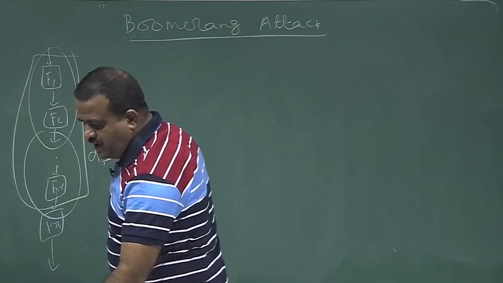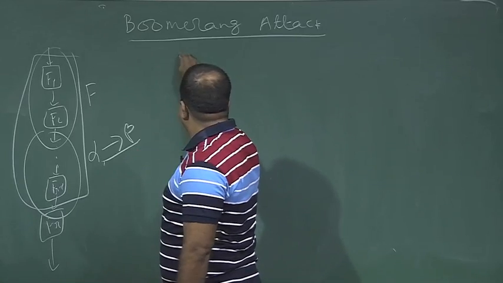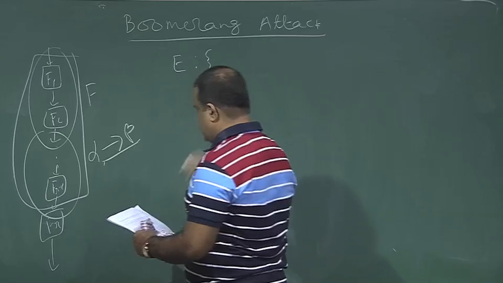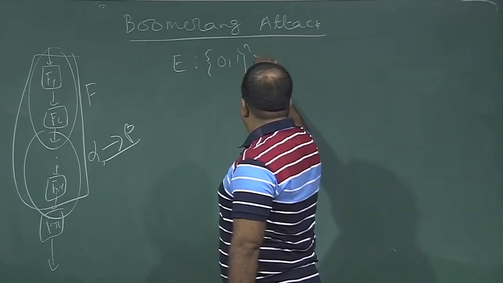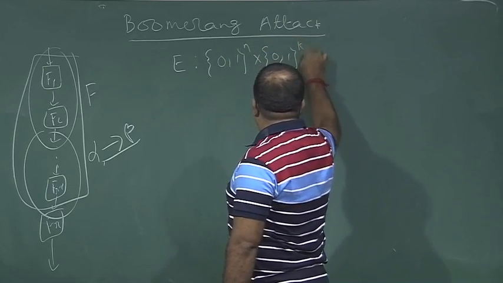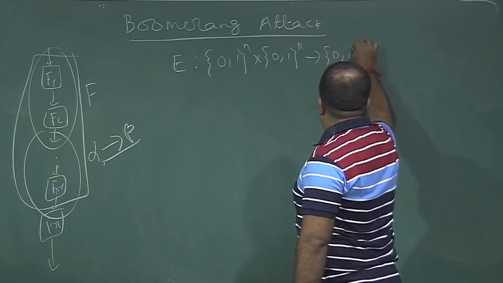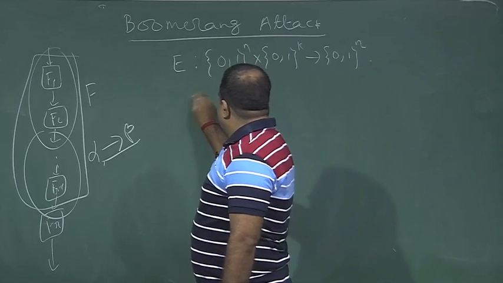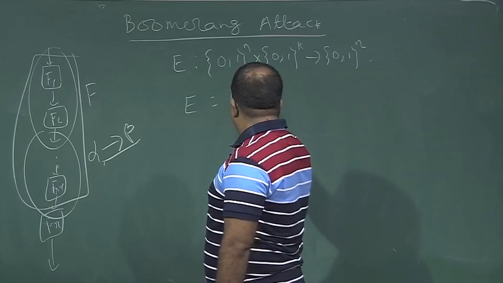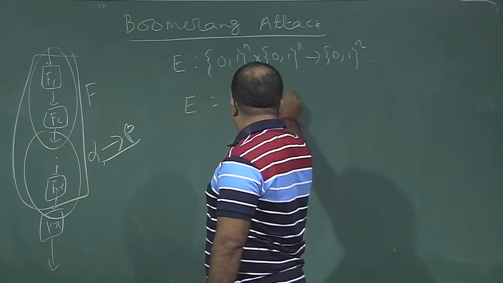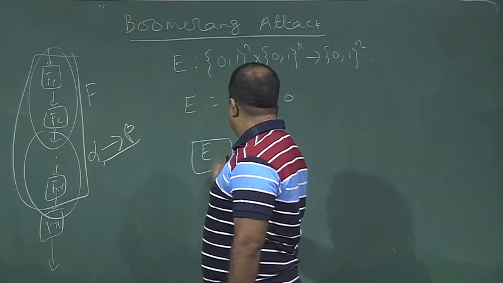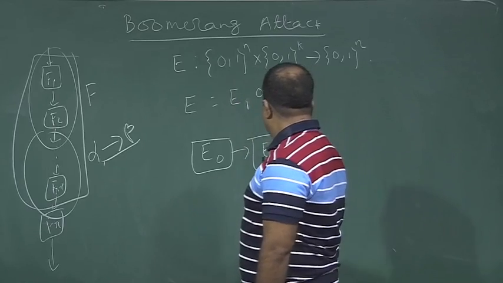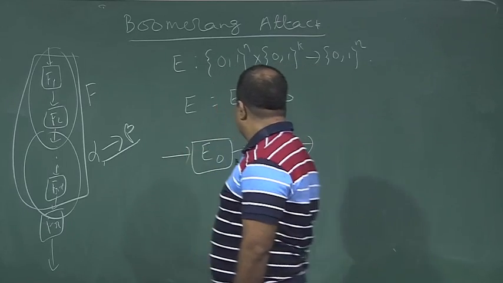In the boomerang attack, we have a plaintext and this n-bit block cipher, and suppose we break it into E0 and E1.